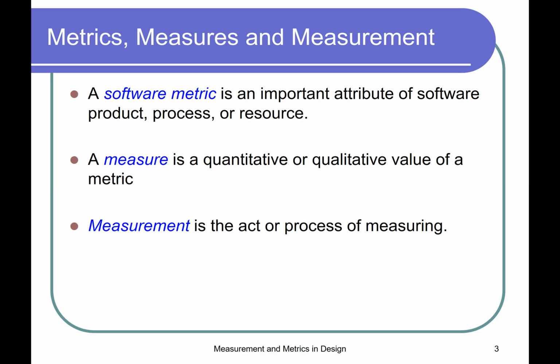So we do the measurement in order to retrieve and obtain a measure. Dipping the thermometer into the ice cream to get its temperature is the act of measurement. You read the temperature, for example, it says minus 10 degrees Celsius, that's the measure. And what are we measuring? Temperature. So temperature is an indicator of how good or bad our ice cream is. So temperature is an ice cream metric.